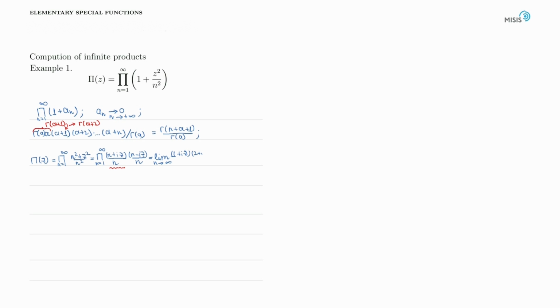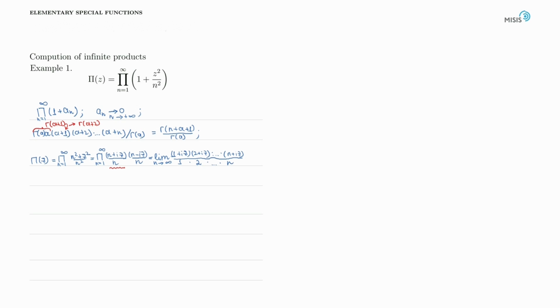The next term is going to be 2 plus iz, and so on and so forth till we arrive at the final term, which is just n plus iz, and divided by 1 times 2 times n.